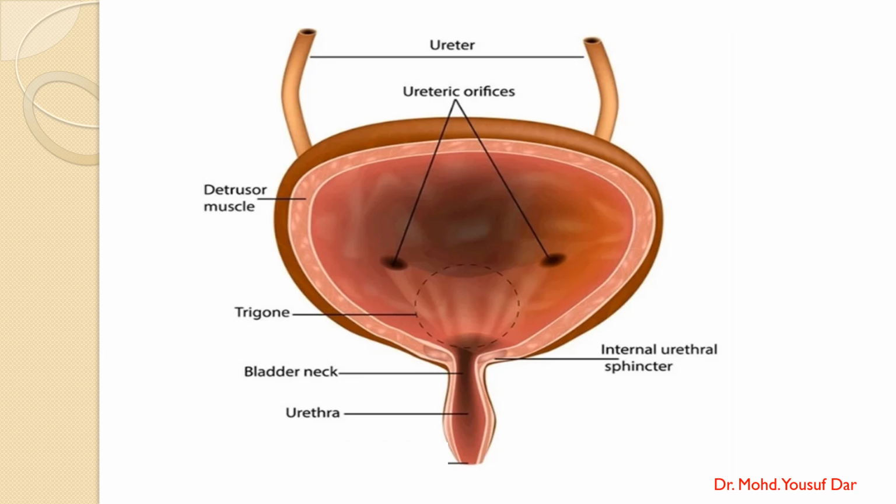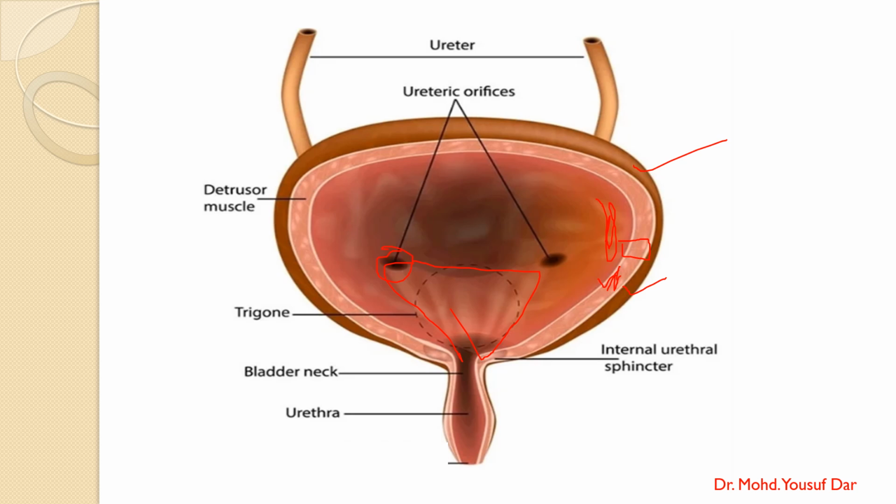This is the urinary bladder, this is the outer peritoneum, this is the muscular layer. The outer is longitudinal, the middle is circular, then again the longitudinal layer, and here this is the mucosa. And this is the triangular area that we call the trigonum vesicae.